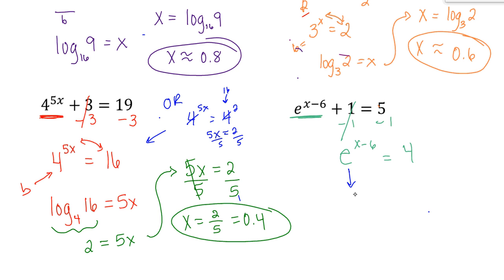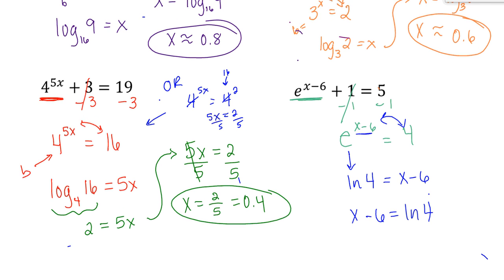E becomes ln, right? These guys swap places. So the 4 is now over here, and x minus 6 is on the other side. Took this thing and swapped it out with the 4. I'm going to flip-flop. I like my x's on the left. It really doesn't matter, but I feel more comfortable that way.